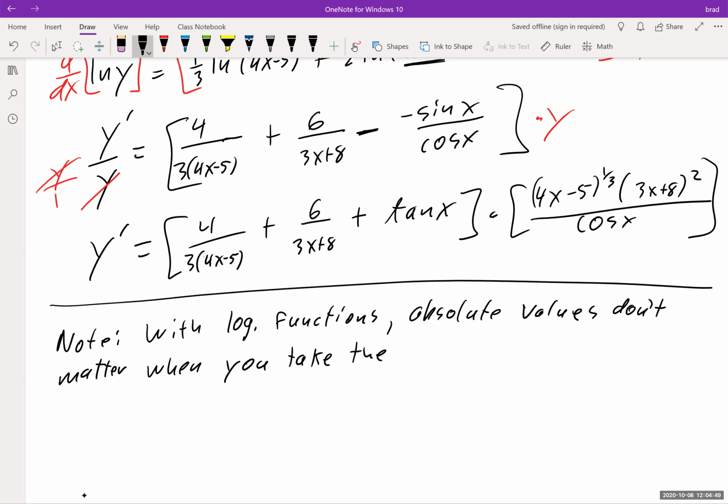It wouldn't be, you couldn't even do the problem. Logs are only allowed to have a domain of positive numbers inside anyway. So this makes it kind of nice. One of the few times absolute values don't cause a lot of trouble is with natural logs.